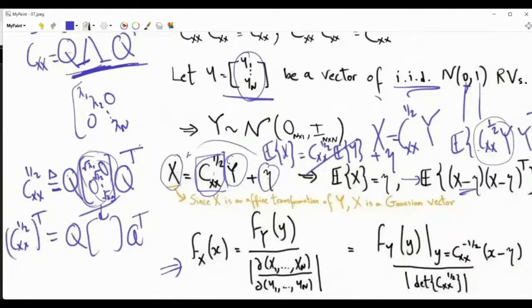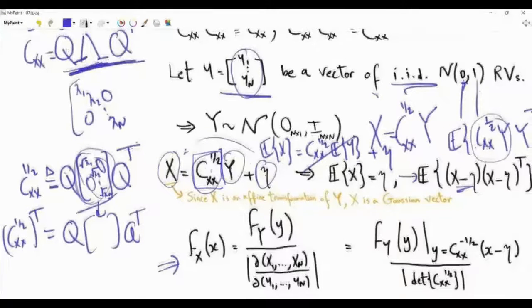We do the eigendecomposition of Cxx, take Q, the orthogonal matrix of eigenvectors, and Q transpose, but replace the diagonal matrix of eigenvalues by a diagonal matrix with the positive square roots of those positive eigenvalues.